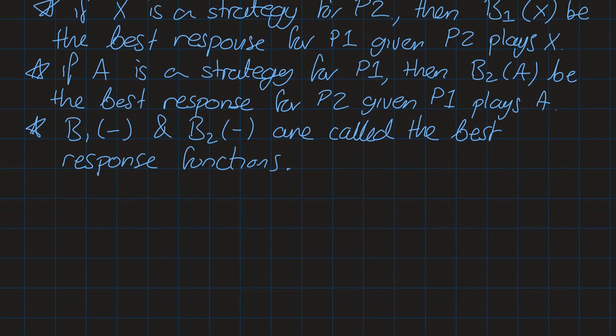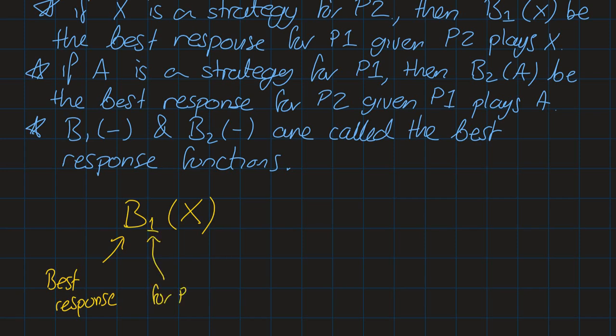And the way you should think about this, B1 of X, you should read as best response for player 1 given player 2 plays X. So this is how you read this function.